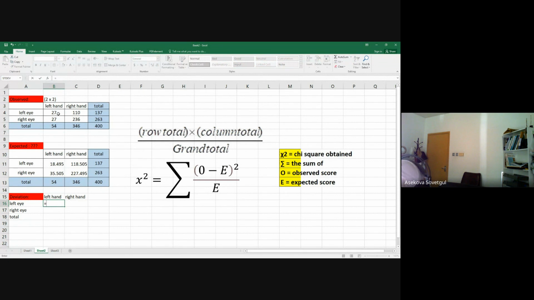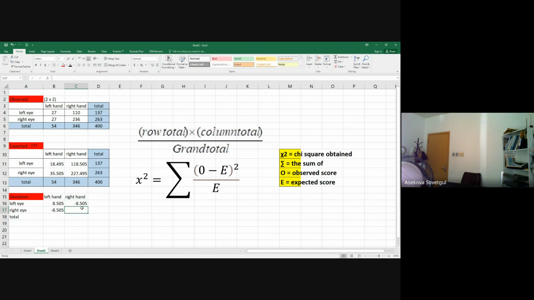So deviation will be 27 minus 18.495. Okay, for the right hand, 27 from the observed value minus expected value, 35.545. Enter. All right. And 110 minus 118.545.